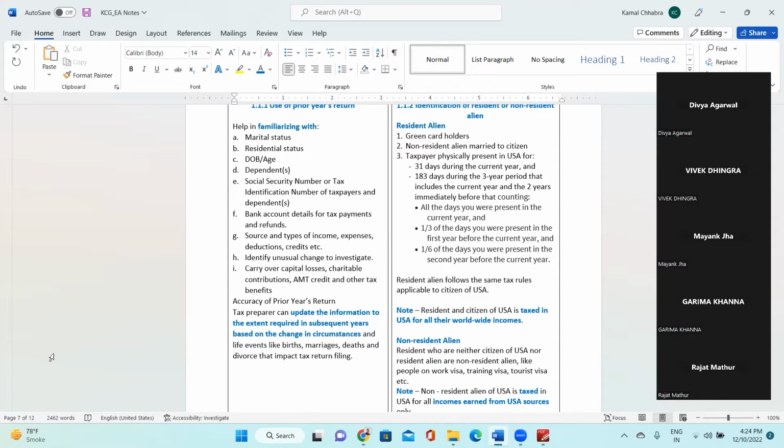And then, was there any carryover capital loss, business loss, charitable contribution, AMT credit? What is AMT? You guys remember? Any idea what is AMT? I think we discussed it in the previous class.